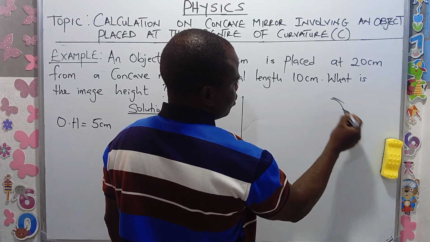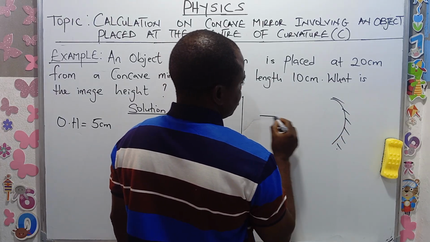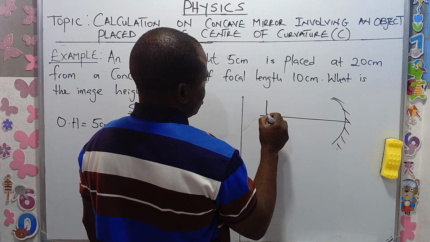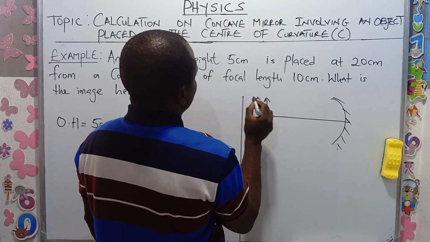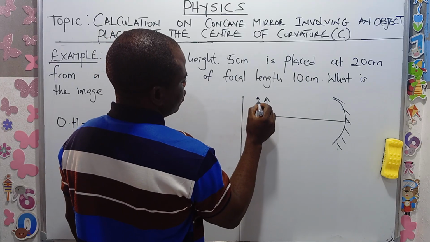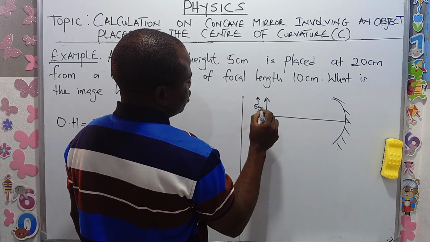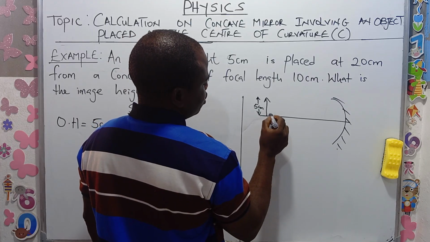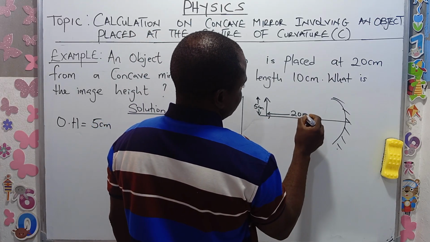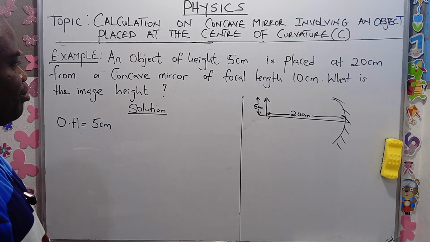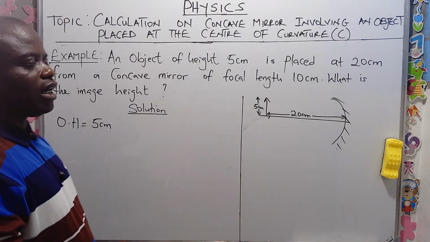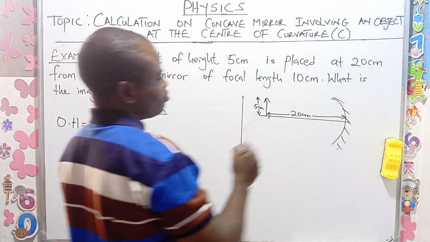This is the object height, what's given to us, 5 centimeter, placed 20 centimeter from the concave mirror of focal length 10 centimeter.